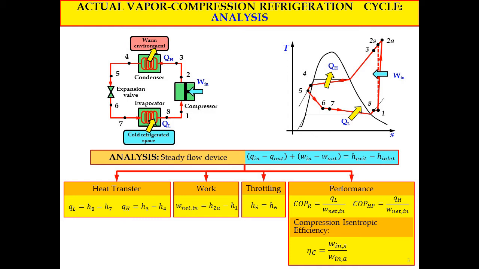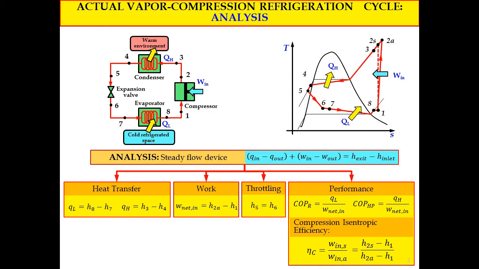So the formula will be mu C equal to W in S, which refers to the ideal W in, divided by W in A, which refers to W in actual. Okay, because normally W in actual will be greater than W in ideal due to the irreversibility that occurs during the compression process. So if you base on the enthalpy value, mu C, the isentropic efficiency for the compressor, will be H2S minus H1 divided by H2A minus H1.